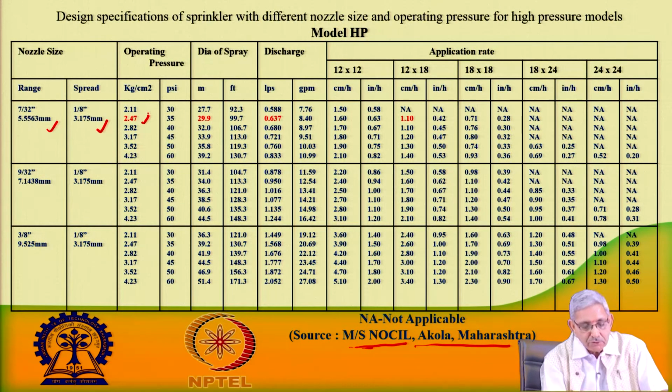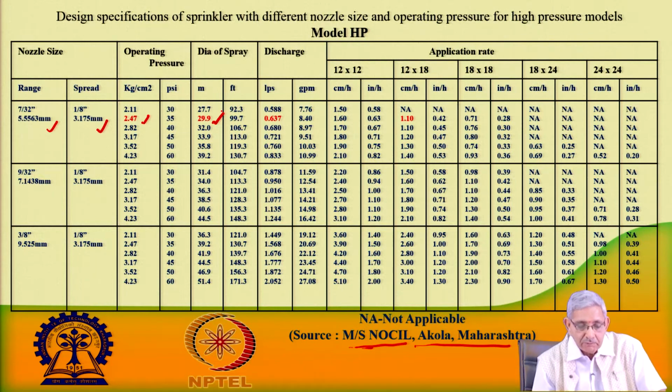So, 2.47 is closer to 2.5, so we are taking this particular value, and at this discharge this particular model is delivering water with a circular pattern of water distribution.